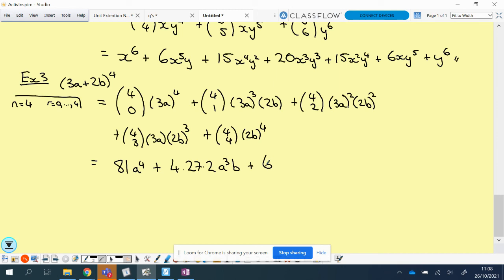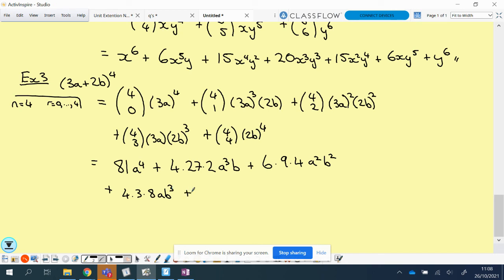And then I'm going to have that multiplied by 3 squared, which is 9, multiplied by 2 squared, which is 4. Then I'm going to have a squared b squared. Plus 4 choose 3, that's going to be 4. 3 to the power 1 is just times by 3. 2 cubed is 8, that's going to be attached to an a b cubed.